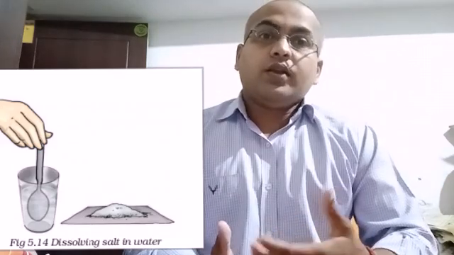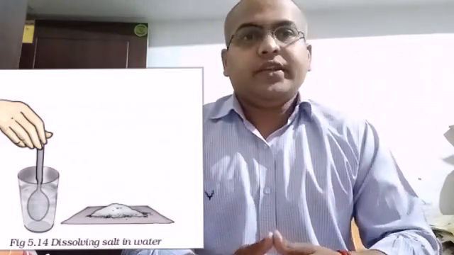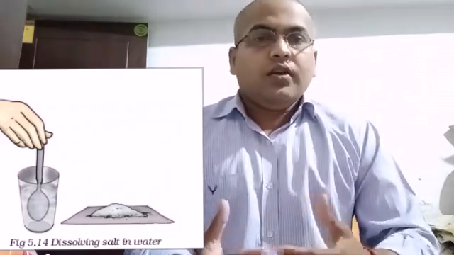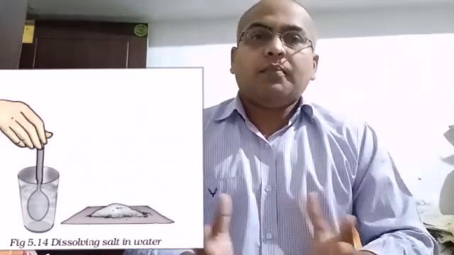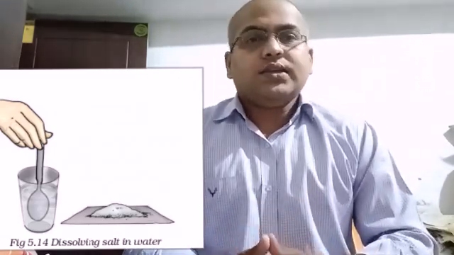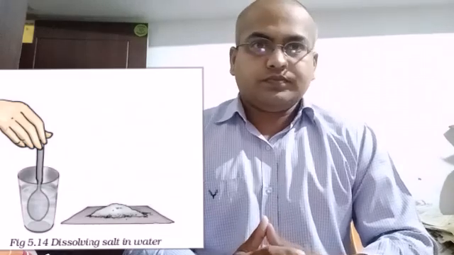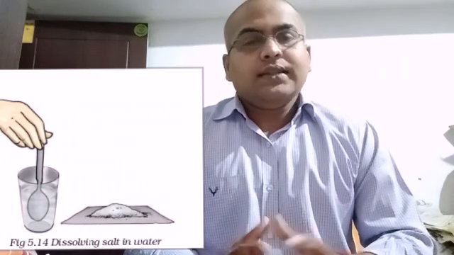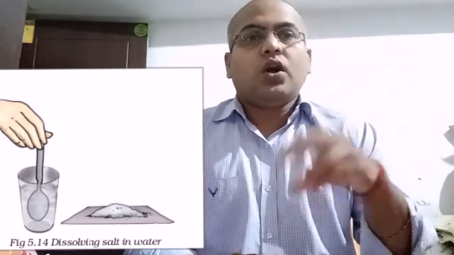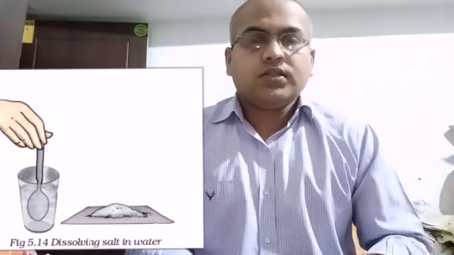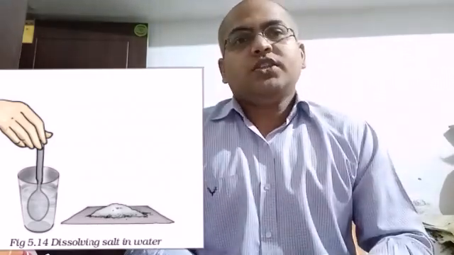Now here we are going to discuss activity 8. In this activity we need a beaker or a pan, water and salt, and then we start dissolving the salt in the water with the help of a spoon.